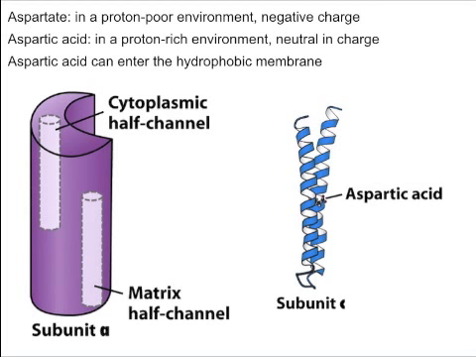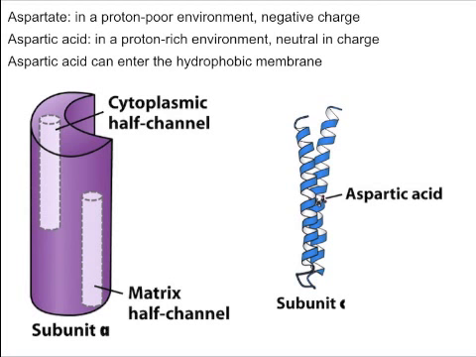Now, aspartate in a proton-poor environment will be deprotonated to form aspartate. This is a negatively charged amino acid. However, in a proton-rich environment, at a pH much below its pKa, this residue will be protonated to form aspartic acid.